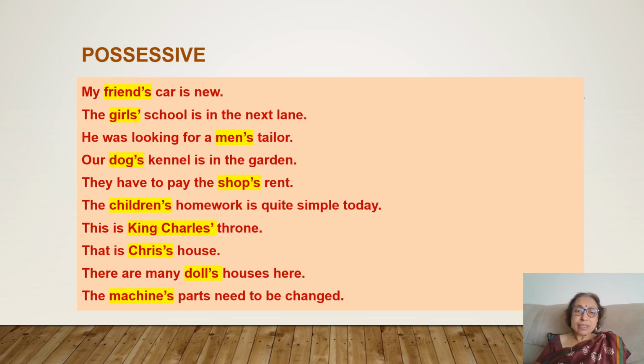The possessive is the last of our noun functions. The possessive function, as I told you, shows a subject noun or an object noun belonging to another noun. This belonging is what we show by the possessive noun. The possessive noun is very easy to understand, and you can also spot it very easily because you see this sign that is called an apostrophe.